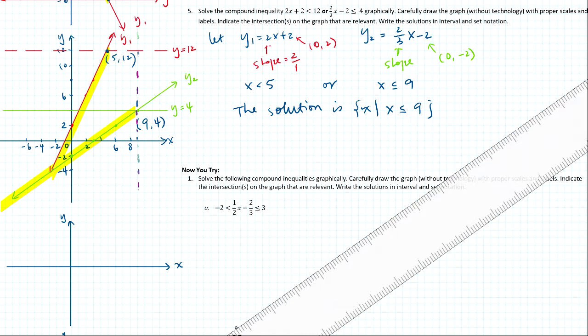And we can say the set notation is over here, and the interval notation is going to be negative infinity all the way to positive 9 inclusive, because that 4 was included as part of the restriction. And that's how we solve it when it's connected by the word or.